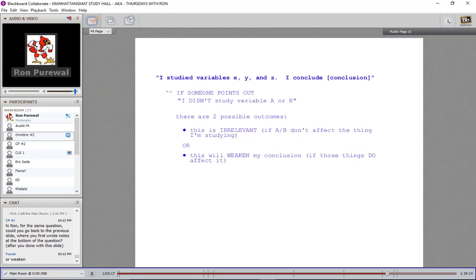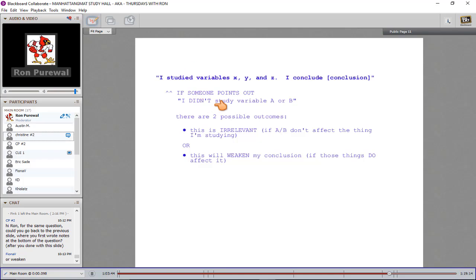Let's say I studied how much people smoke, and I found a strong correlation with lung cancer. Therefore, I conclude that smoking causes lung cancer. If somebody is like, dude, you did not study the color of those people's clothes, obviously irrelevant. Nothing to do with whether you get cancer if you wear a red shirt instead of a black shirt.